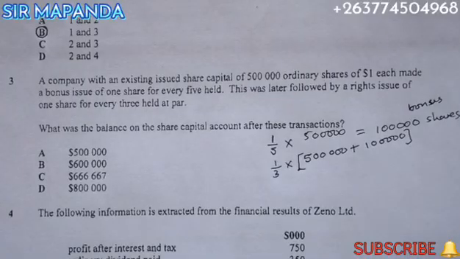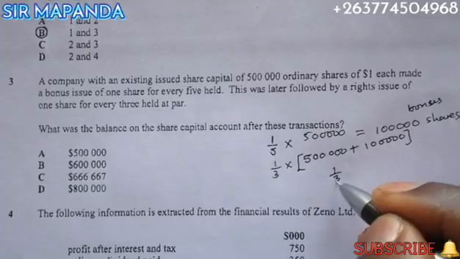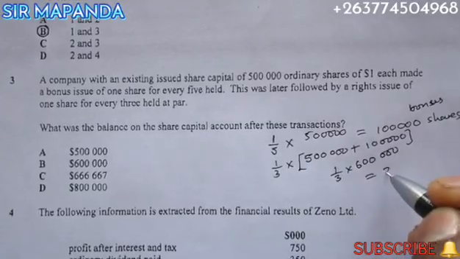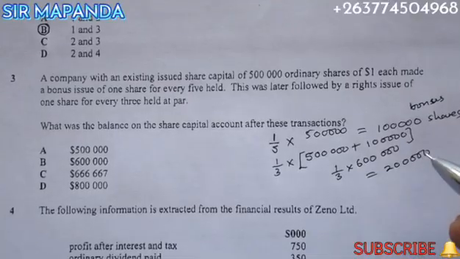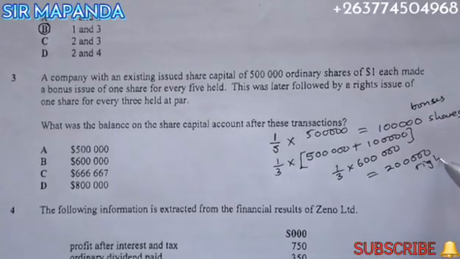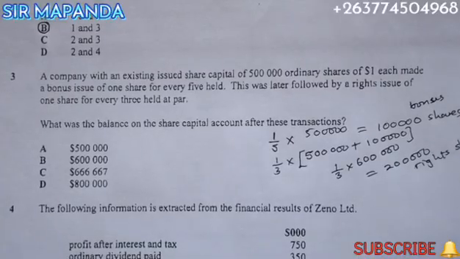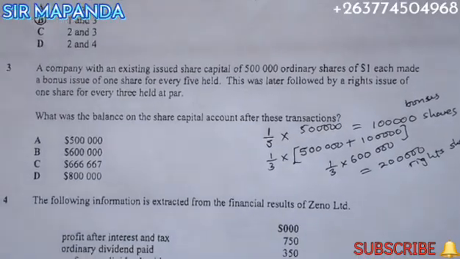So the new existing number of shares is now 600,000. So 1 over 3 is going to multiply 600,000. You get 200,000, and this 200,000 represents rights issue shares in terms of number. I hope you are following.